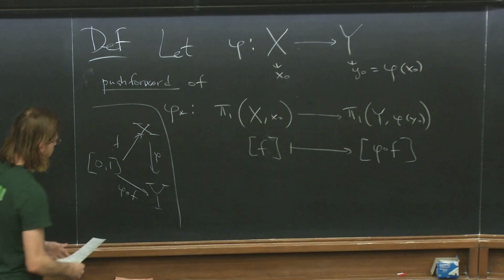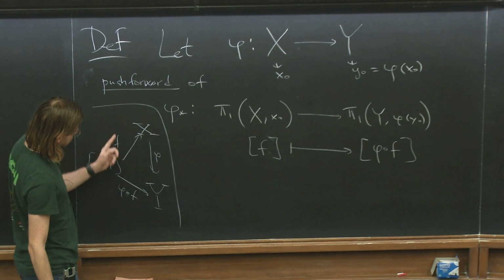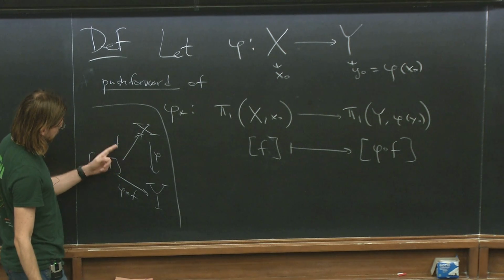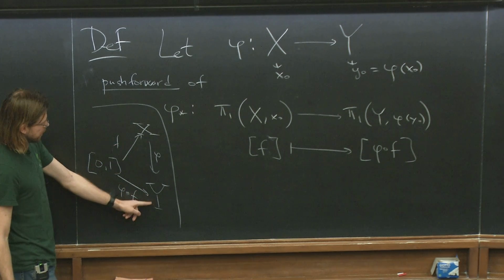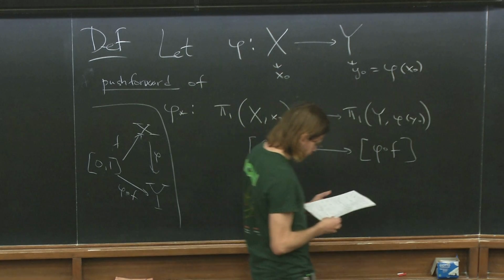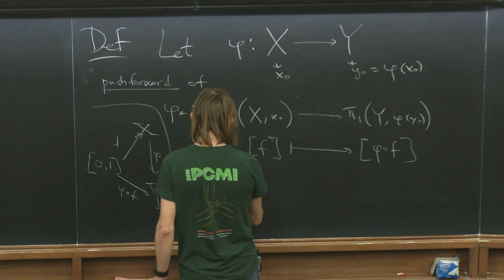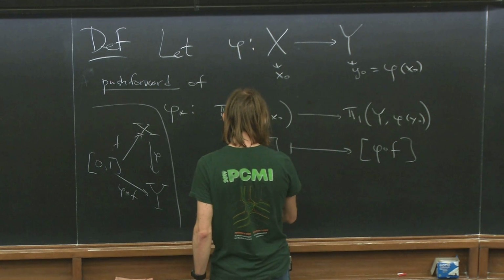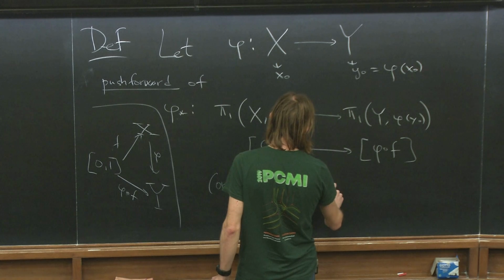So the map phi pushes the map f to a map valued in Y. That's why it's called the push forward. Sometimes it can also be called the induced homomorphism.